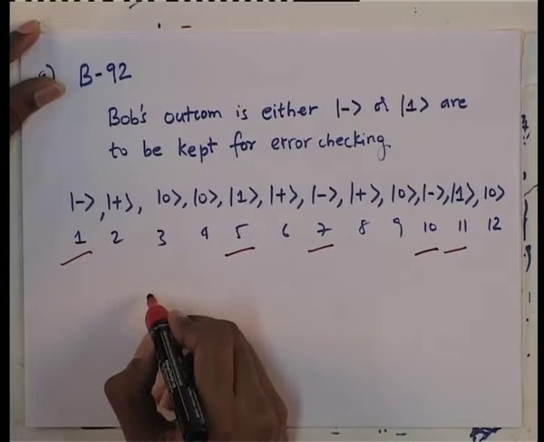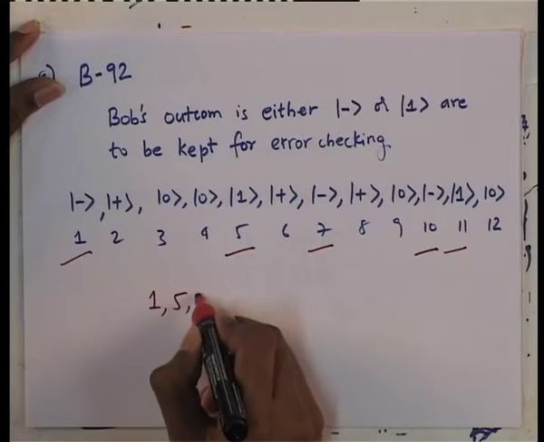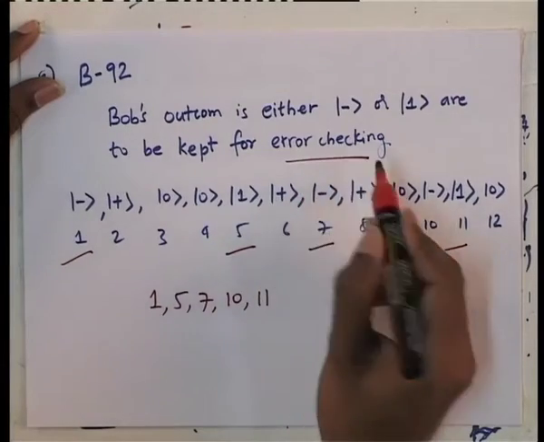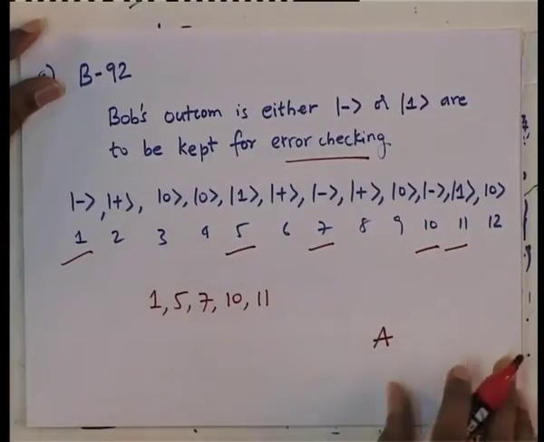So, we need to keep the first bit, 5th bit, 7th bit, 10th bit and 11th bit for error checking. So, the correct option is option A.